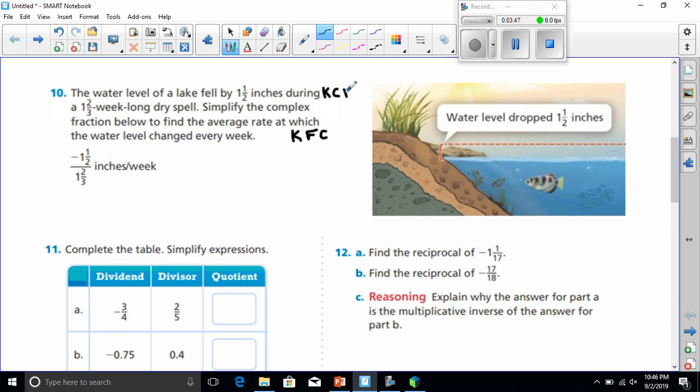Keep, change, flip. Whichever one you want to use, that's fine with me. I always use KFC because it's easier to remember with good old Kentucky Fried Chicken. So we're going to keep the first fraction the same. We're going to flip the second fraction. And we're changing from division to multiplication.